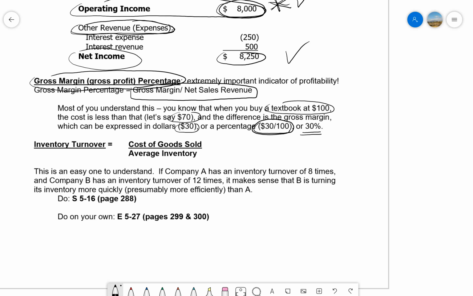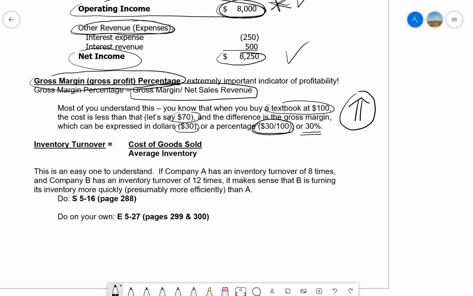Now, obviously, when it comes to ratio analysis, we have to distinguish whether a higher or lower amount is better. A higher gross margin percentage or gross profit percentage is better. We want to be earning more gross margin for every dollar of sales revenue.